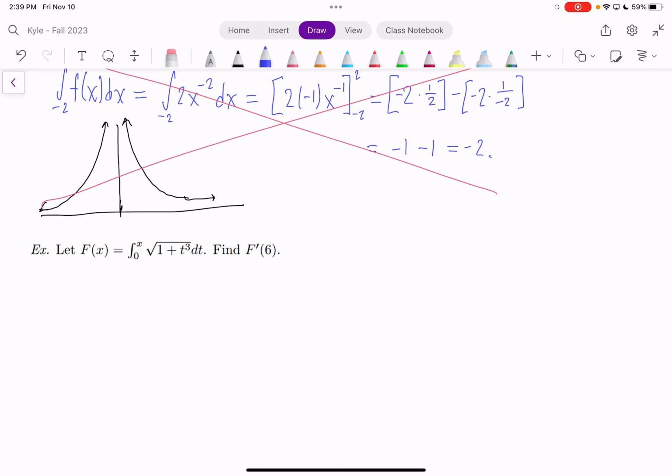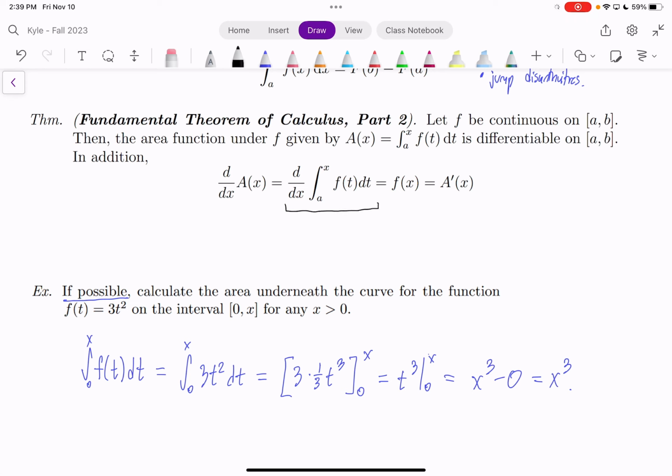So here we're going to think back to the fundamental theorem part 2. It tells us that if we take the derivative of the integral with upper bound x of a function f of t dt, that's just going to give us f of x.